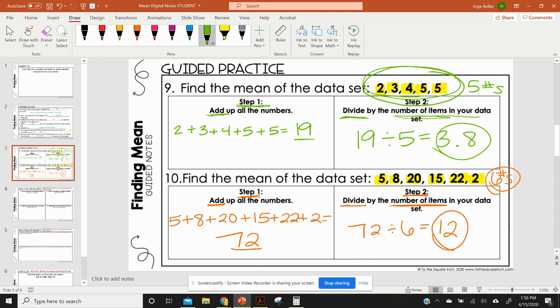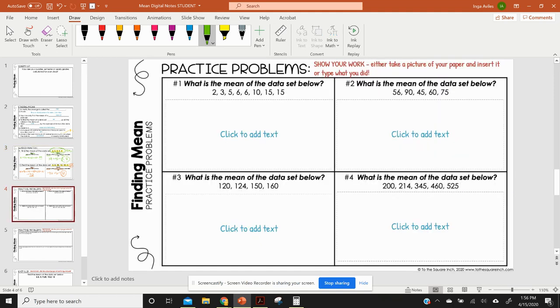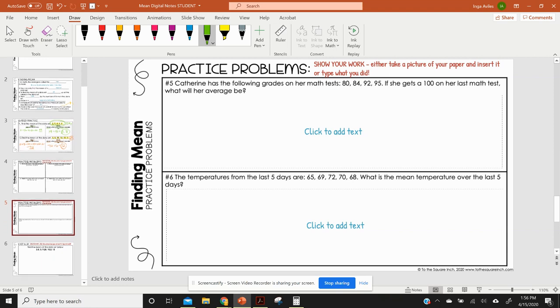Okay. Now, in the second part, the part that you're going to now work on, and yes, you have to do all 3 of the other slides, the part that you're going to work on now is slides 4, 5, and 6. And I need you to find the mean of each data set that's given to you. This is basically what we just did, but notice that there's 4 different problems on it. On slide 5, you have 2 word problems.